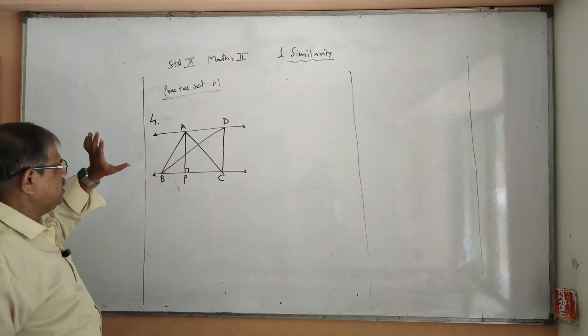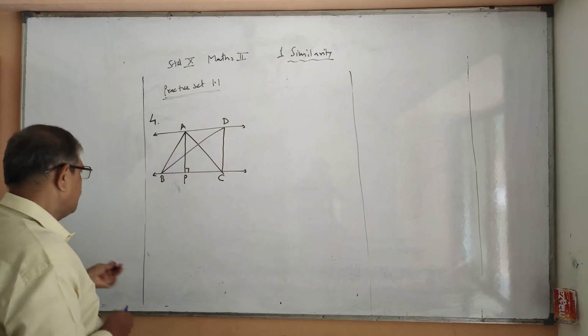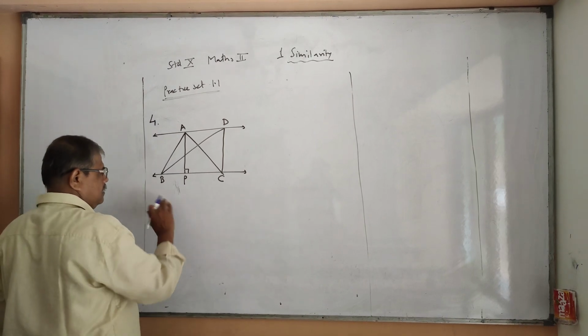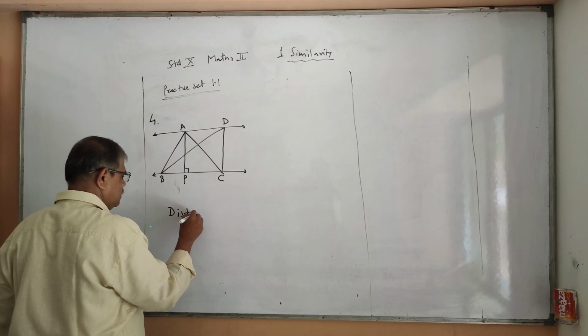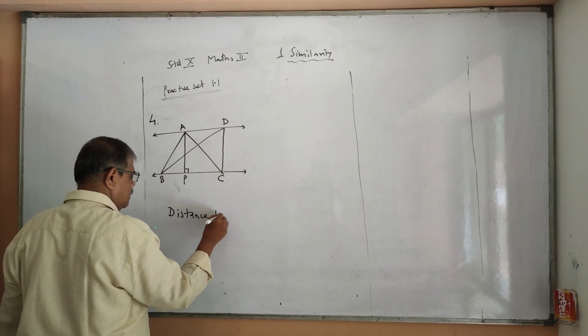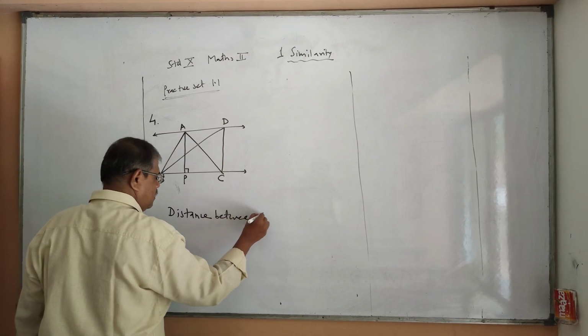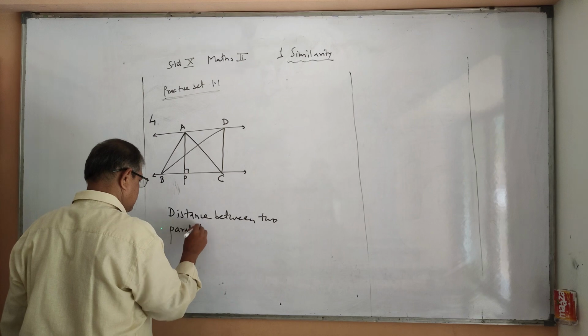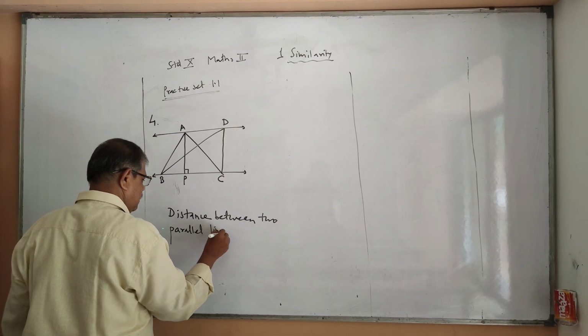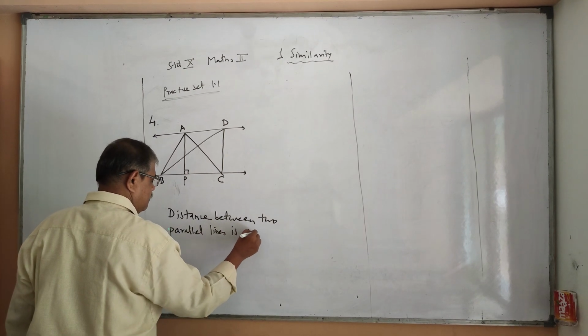Before going to the fourth question, let me tell you one important property. What is the property? Distance between two parallel lines is the same.